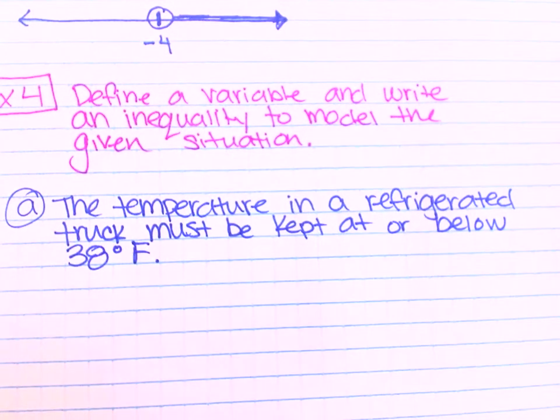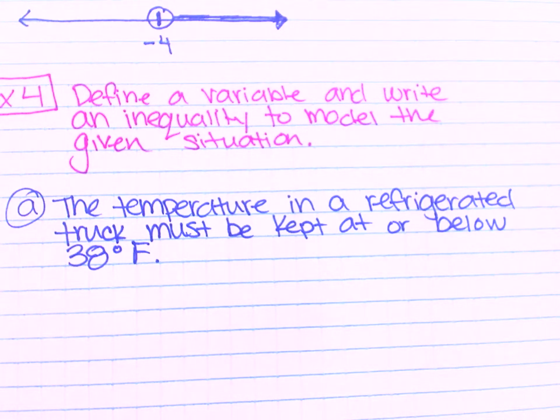Make sure you're writing it down. The temperature in a refrigerated truck must be kept at or below 38 degrees Fahrenheit. And we love word problems because we can find things in there that help us identify what to write. It's easy. We can do that.